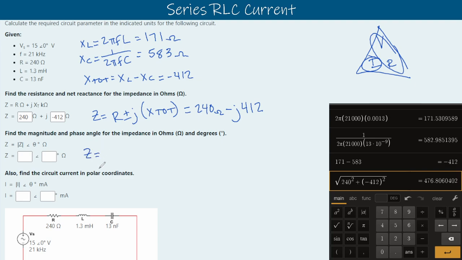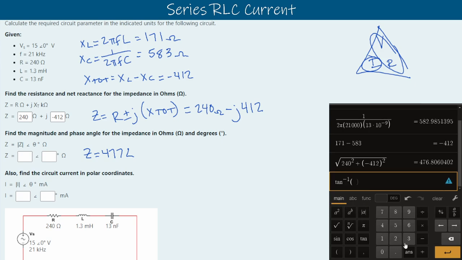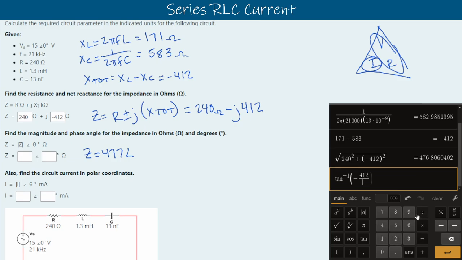So Z is also equal to 477, we'll round that up, at an angle of, and we'll figure out our angle using our tangent equation, inverse tangent of our second number, which is negative, so negative 412 divided by 240, our first number, gives us negative 59, so negative 60.